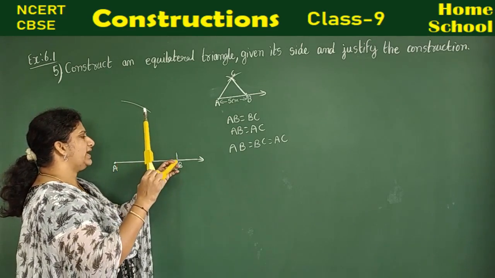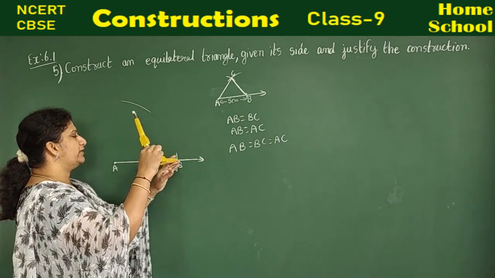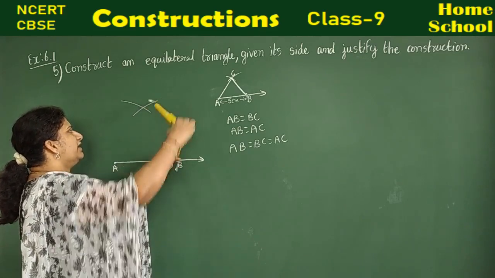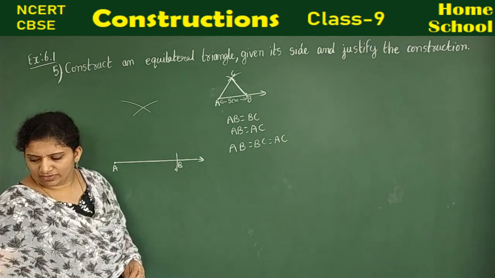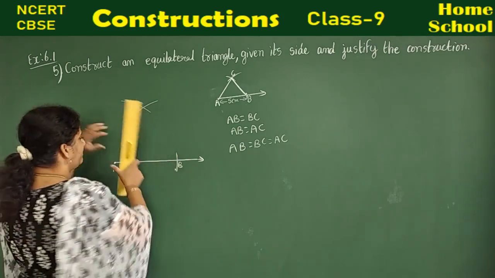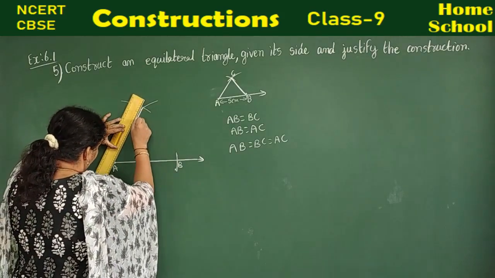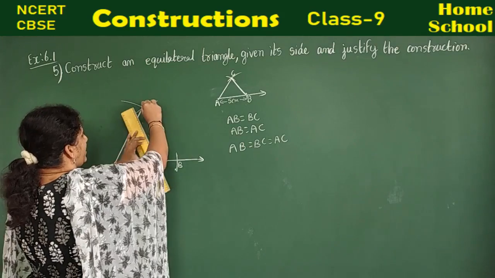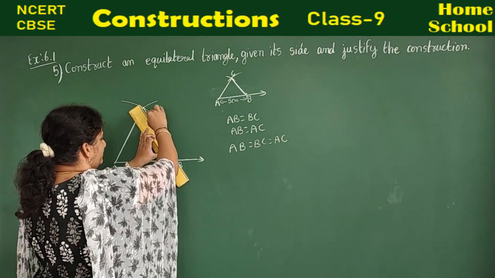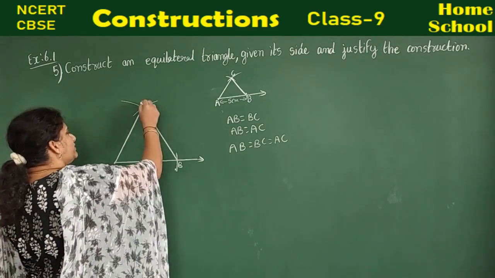And now with B, the ray intersecting point, I just cut the arc. And now using the scale, if you try to join this, you get a triangle. Mark the point C.